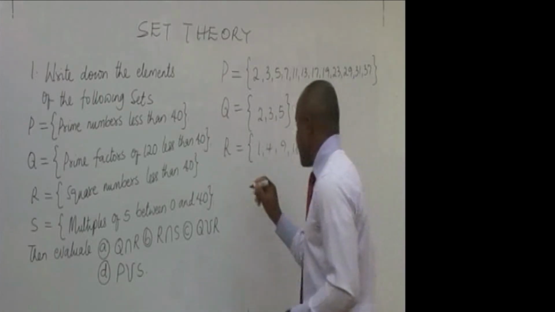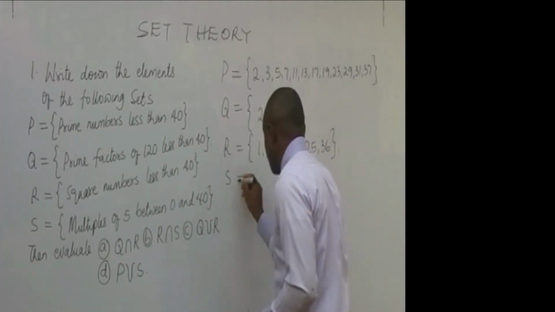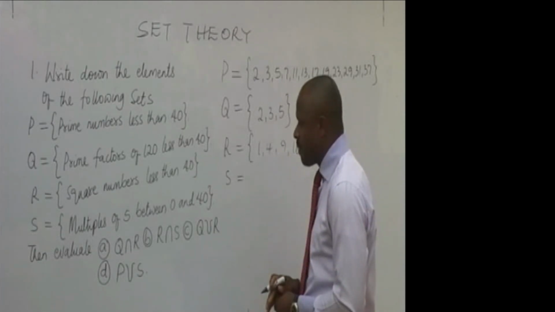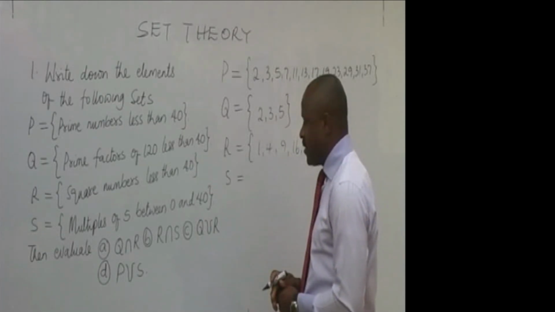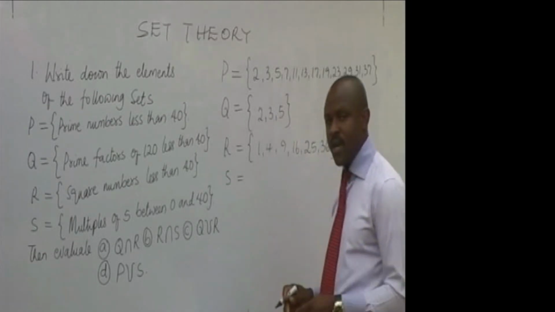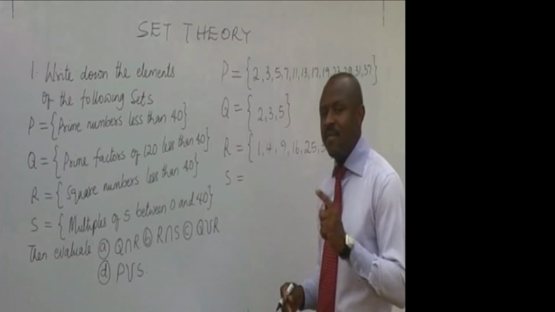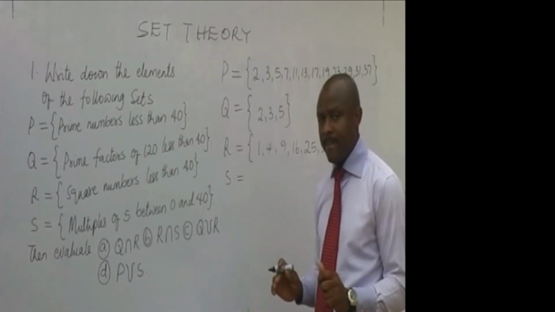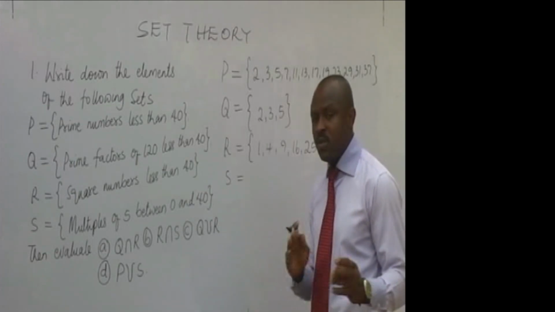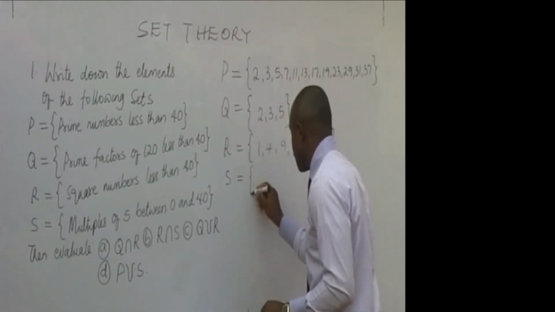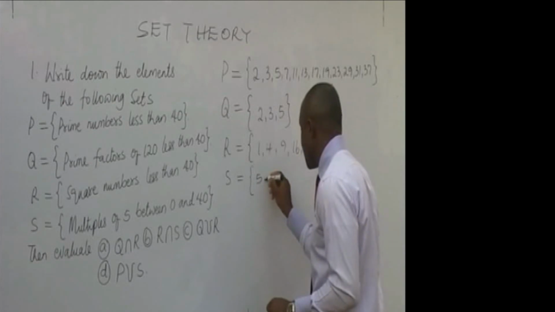The last is S. Members of the set S are multiples of 5 between 0 and 40. Multiples of 5 are those numbers 5 can divide without a remainder. So begin to think about it between 0 and 40. Multiples of 5. 5 is one of it.